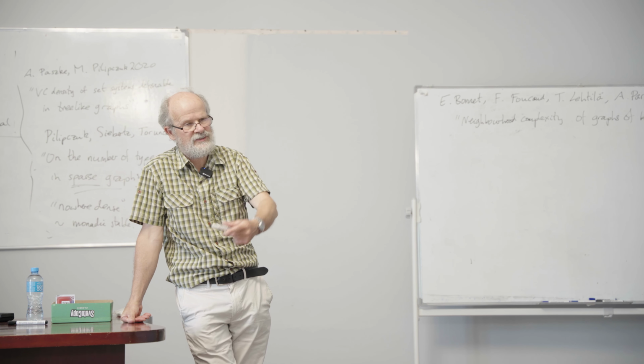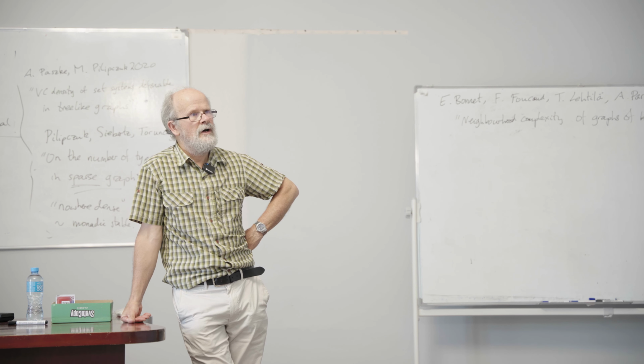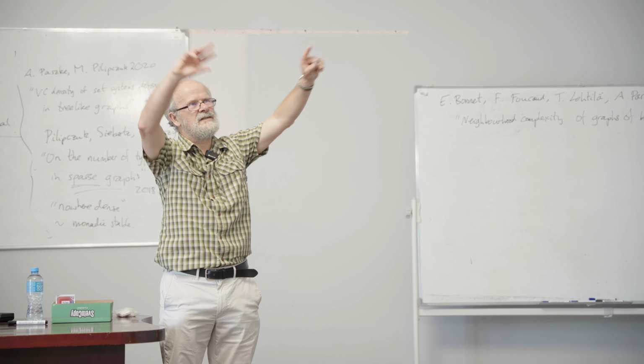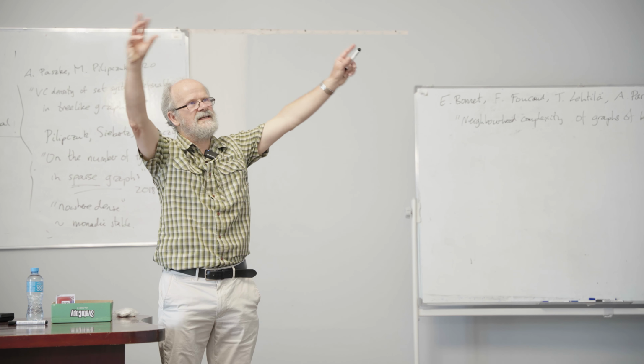So there's no algebraic structure. But essentially, if you look at, say, M just with equality, and look at M squared with the induced structure, M squared is not monadically stable.